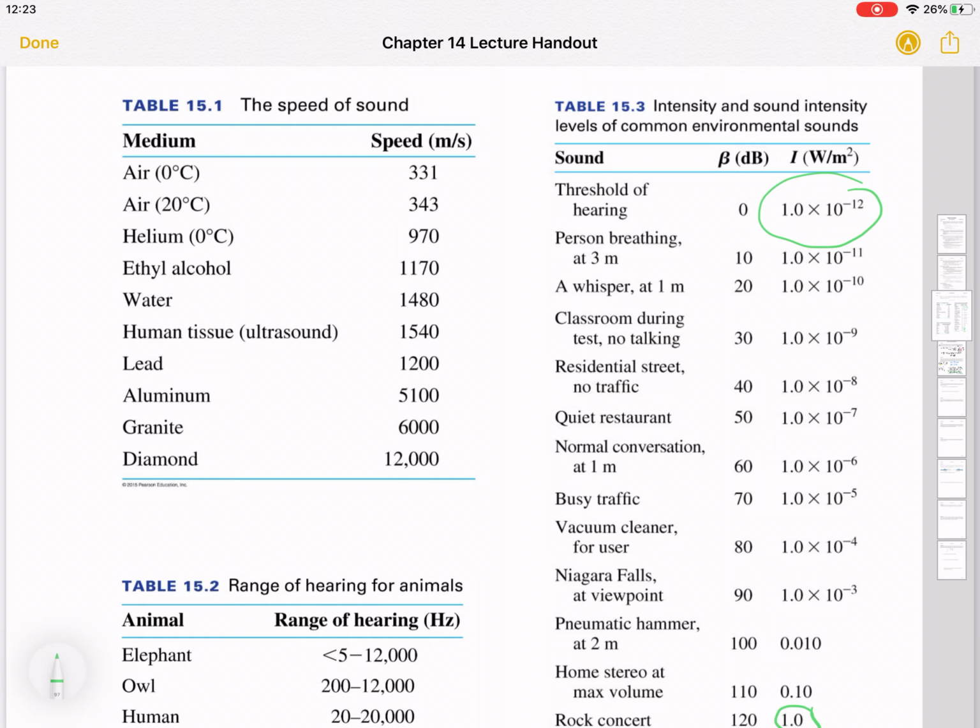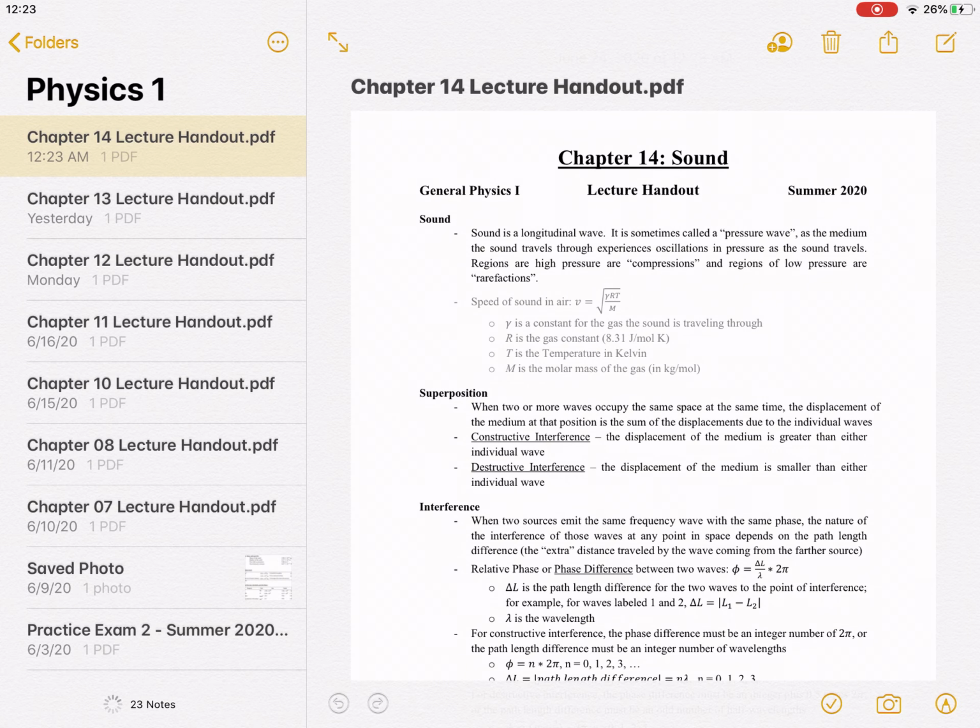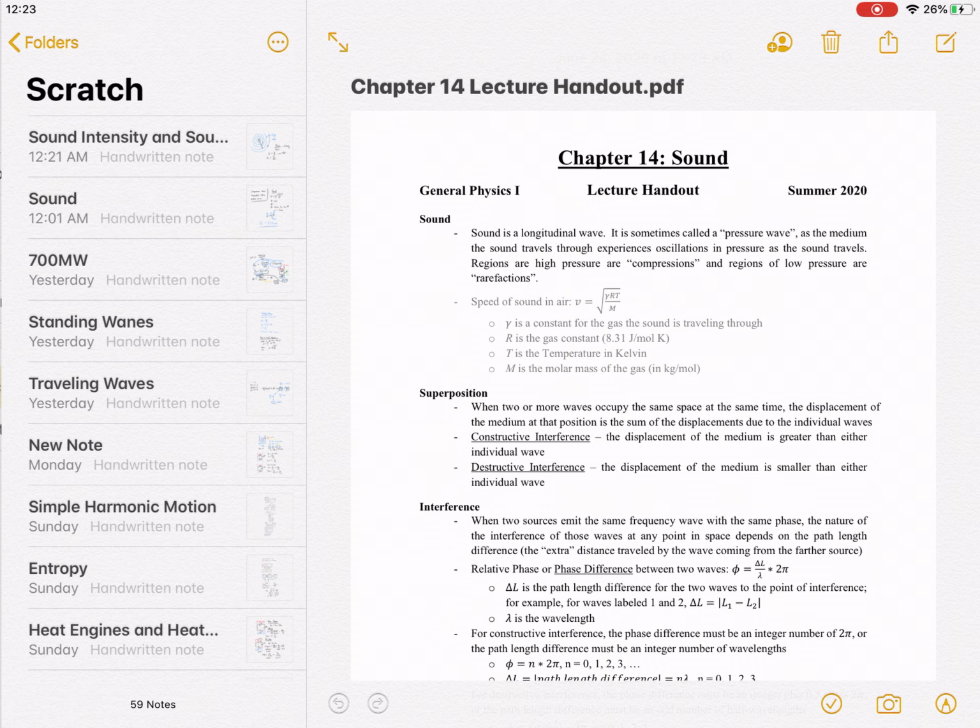All right, and that's this idea of sound intensity level. Intensity has an SI unit of watts per square meter. Sound intensity level is just a way of managing this broad range of intensities. So let me define that, and then we'll come back and do some examples with it.